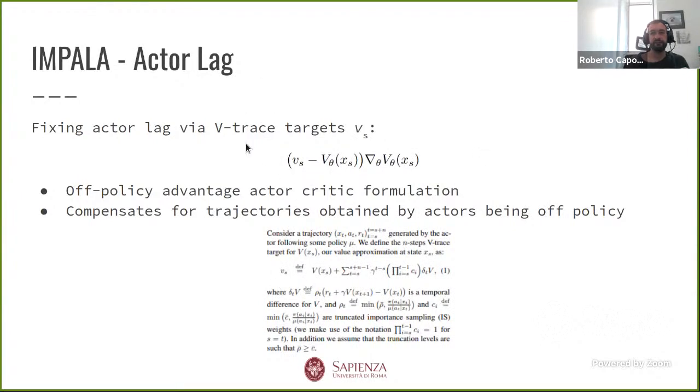Except that this is the standard formula. Now the target is computed in a slightly different way, where we have these importance sampling weights C that are defined in this way. So I mean, it's just using off-policy learning with importance sampling on an advantage actor critic formulation, and yeah.